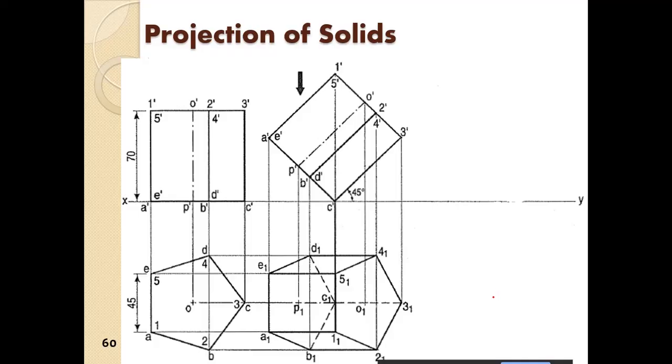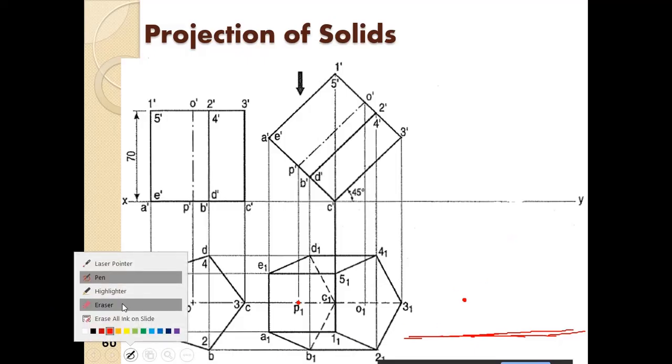So now what we do, we will choose any arbitrary point P. So this is the point P. Then from here, either you take this one or from here also, same thing.